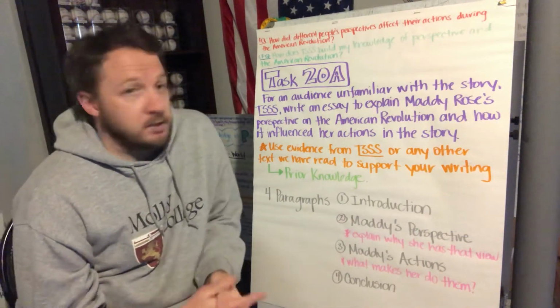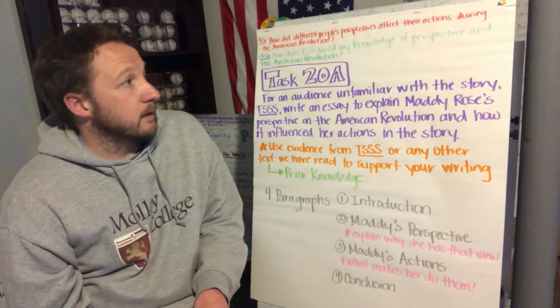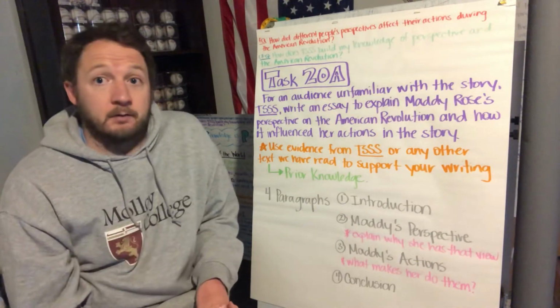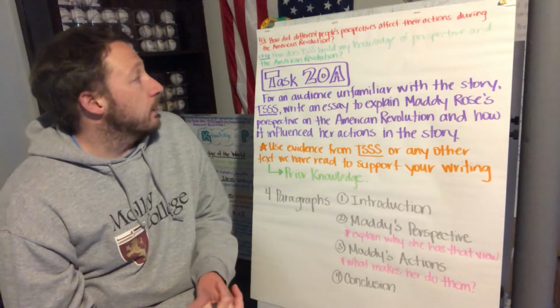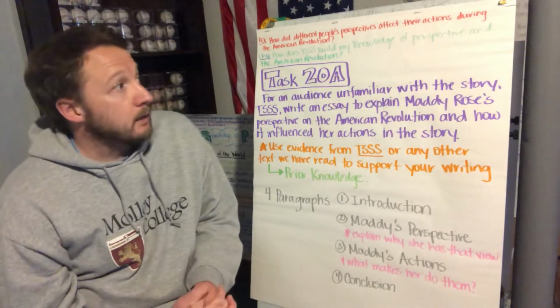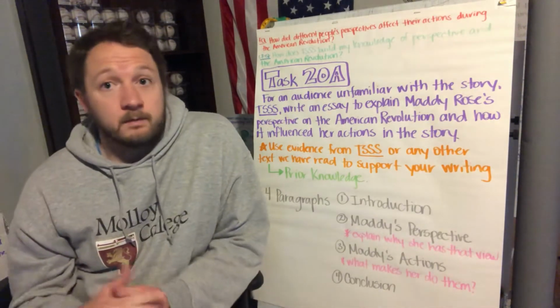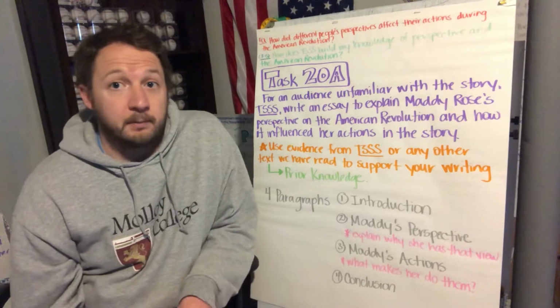Our focus question is still the same: how do different people's perspectives affect their actions during the American Revolution? And the content framing question is, how does the Scarlet Stocking Spy build my knowledge of perspective and the American Revolution? Kind of the same question we've been rolling with for a couple days.